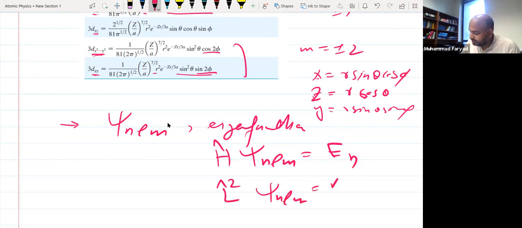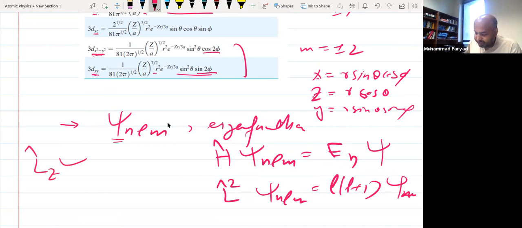We get l into l plus 1 into h cut square, psi NLM. And these psi's are also eigenfunctions of the Lz operator. And we get this h cut m psi.